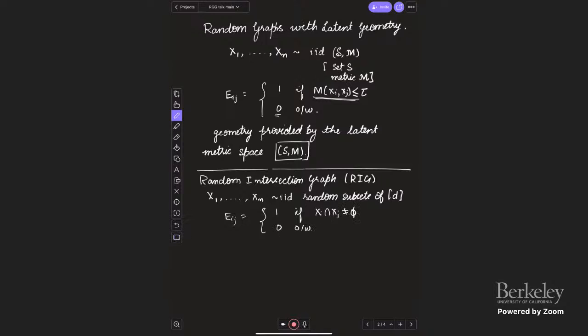How we see this is that 1 to n are people, and the set D is the set of activities that people are interested in. Person i is involved in the activities given by the set xi. i and j know each other if they have a common activity, and that's how we construct this social network sort of graph. For more details on this, please refer to our paper.